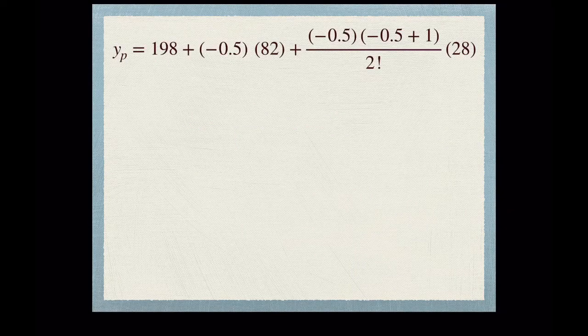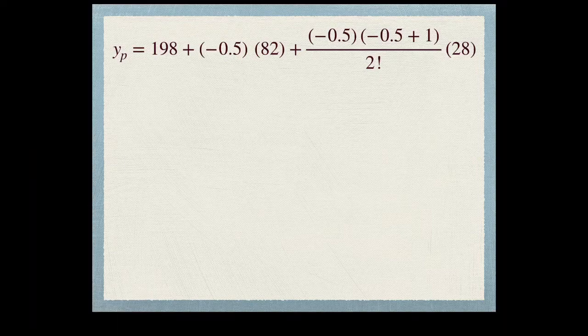So here yn is 198 plus p value minus 0.5 into del yn 82, plus p value minus 0.5 in the numerator into p plus 1, which is minus 0.5 plus 1, divided by 2 factorial into del square yn, which is 28.